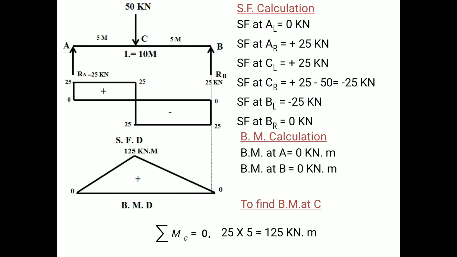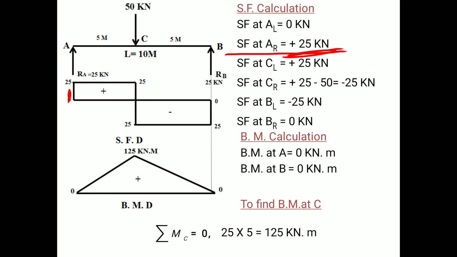After that we have the second point, shear force at right of A equal to plus 25 kilonewton. As it is plus 25 kilonewton, remember that the portion above the 0 line is considered as positive, and the portion below the 0 line is considered as a negative portion. Now as we have right of A equal to plus 25 kilonewton, it will act in upward direction.